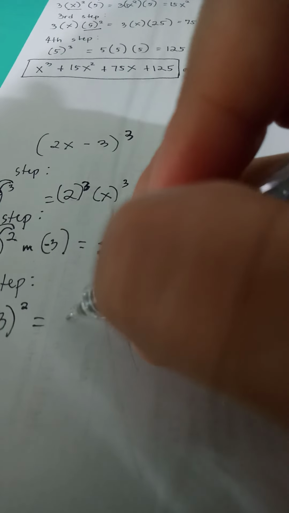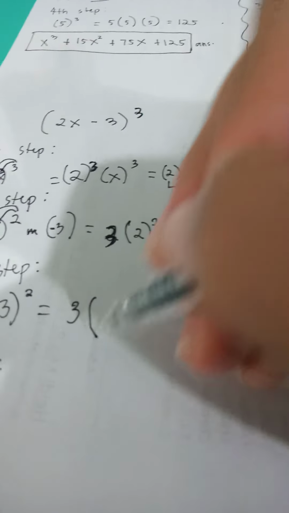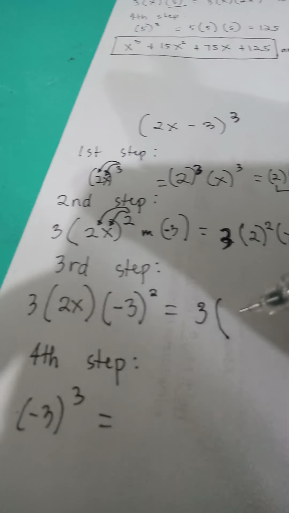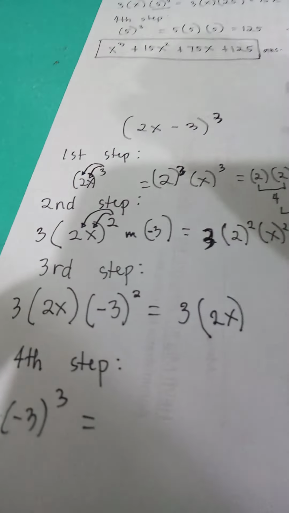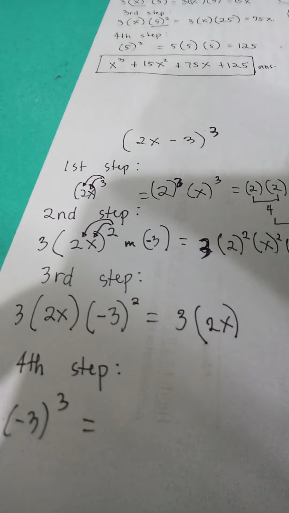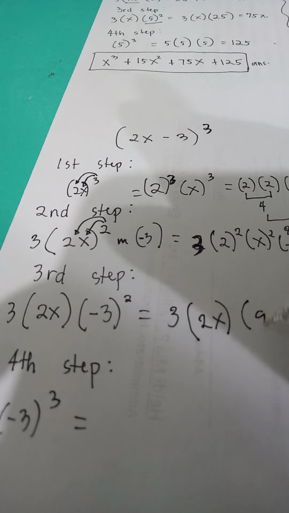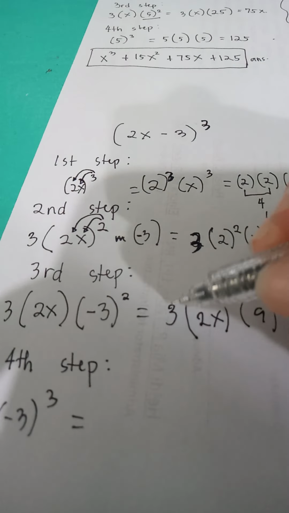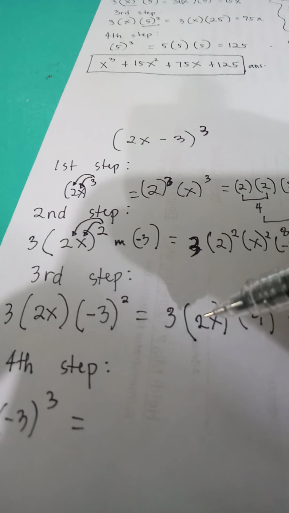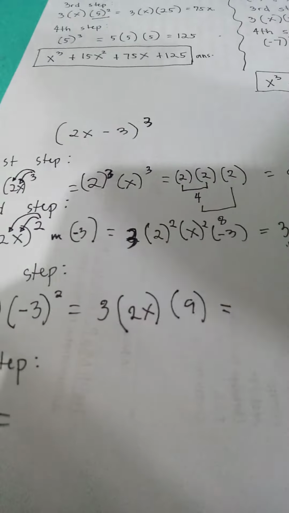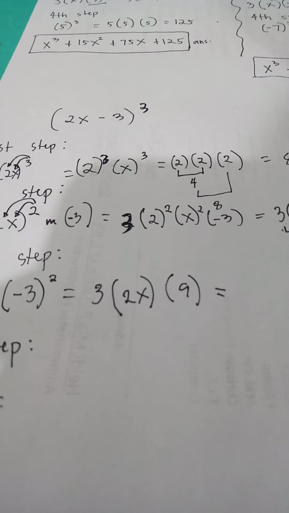And then, yung third step natin is 3 times 2x times, yan, negative 3 times negative 3 is 9. So, what is the answer? 3 times 2, that is 6. 6 times 9 is 54.